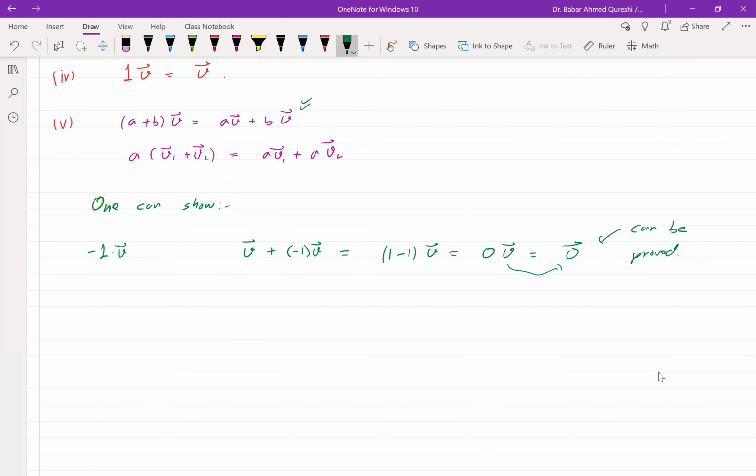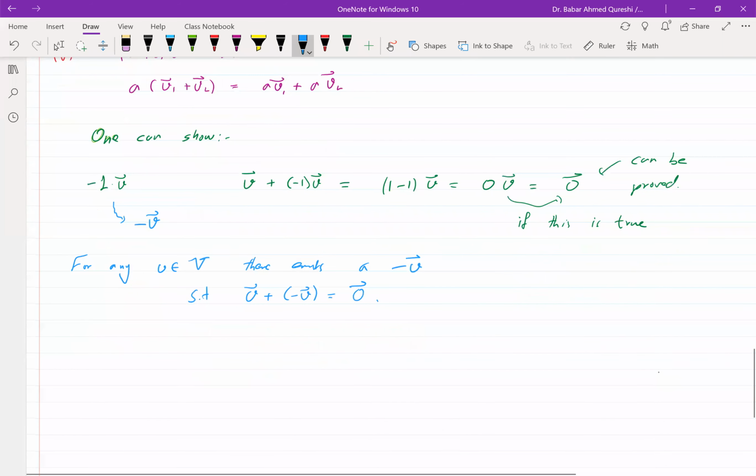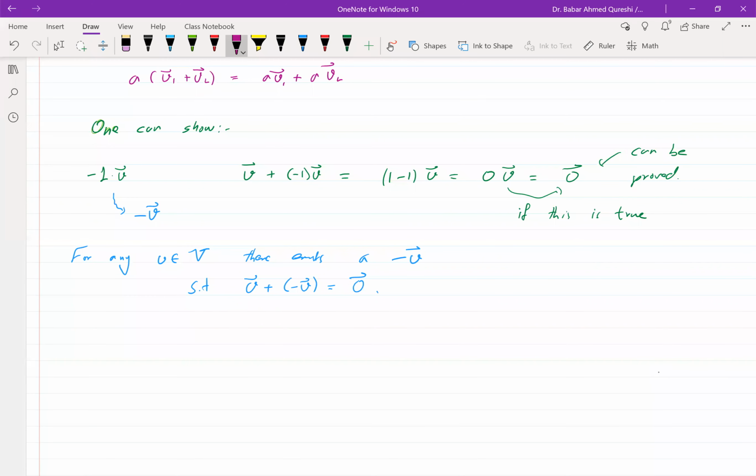If this is true, which was true for geometric vectors, that if you multiply any vector by 0, you scale it to 0, you get the 0 vector, then this guy would just be minus V. This would mean that for any vector, there exists another vector minus V such that when you add these, you get the 0 vector. So in these abstract objects, you can reverse direction.